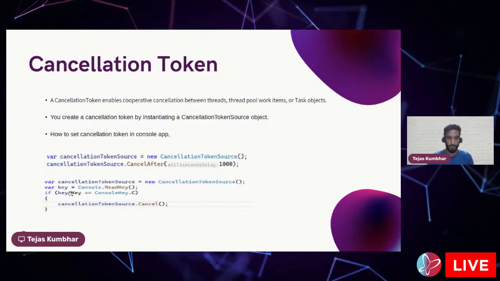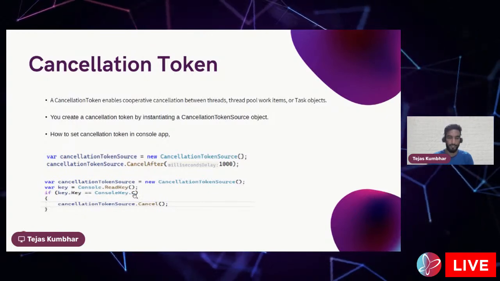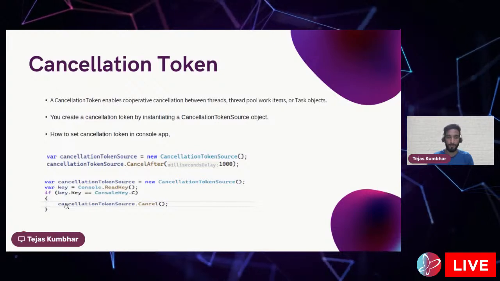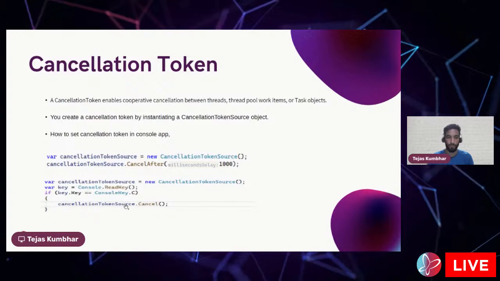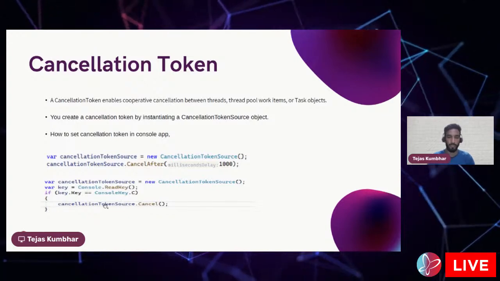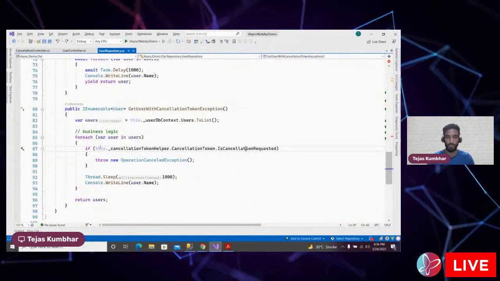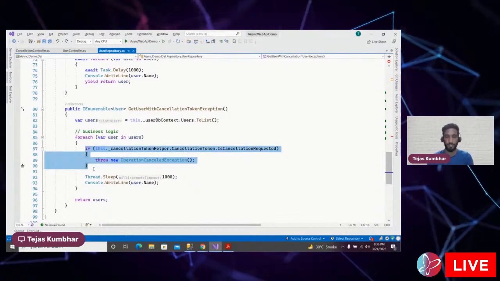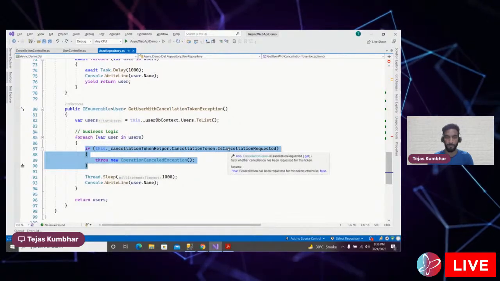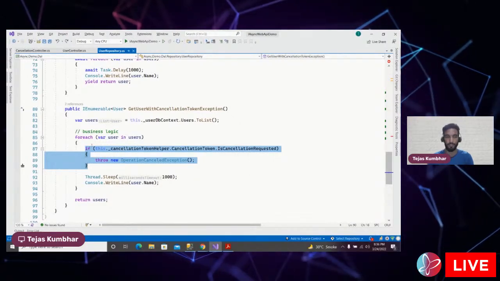Suppose he presses key C, then we will cancel that request by calling the Cancel method on the CancellationTokenSource. And again, it will set the cancellation token, and you need to check whether that token was set or not through this logic itself.